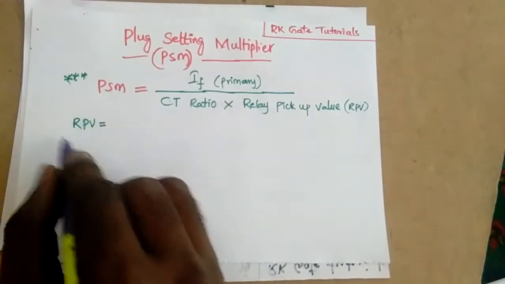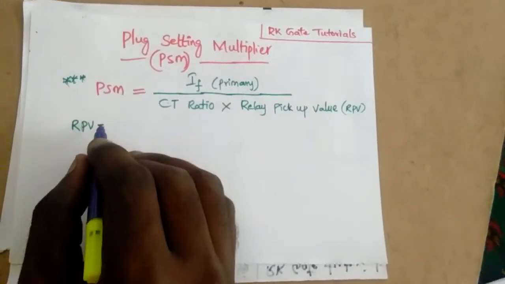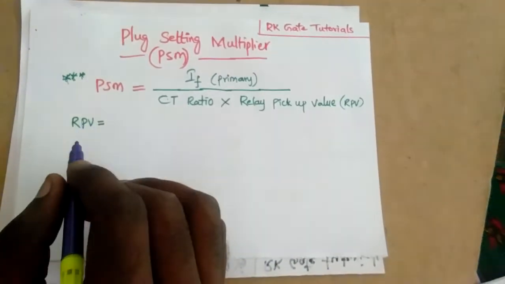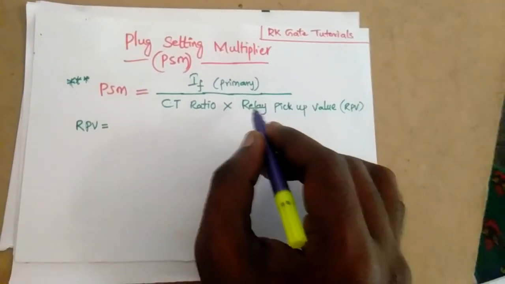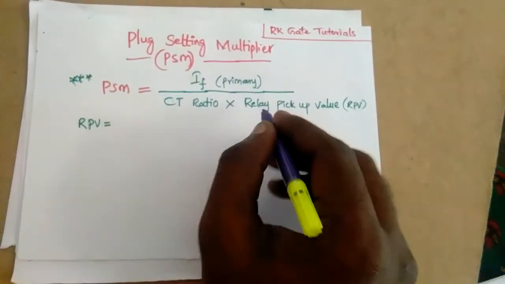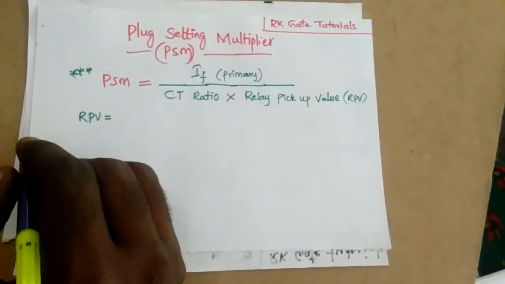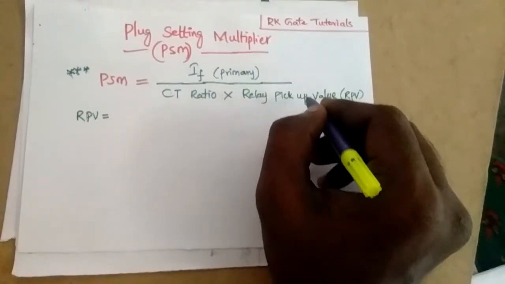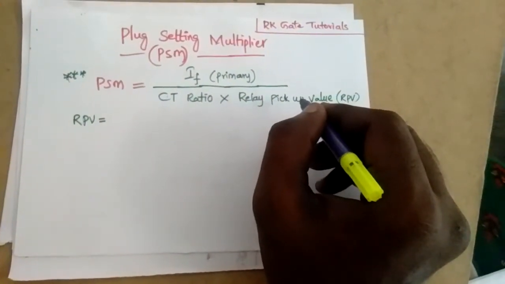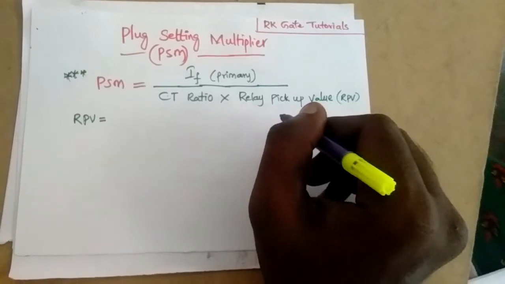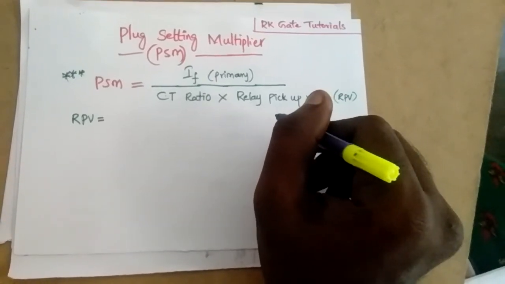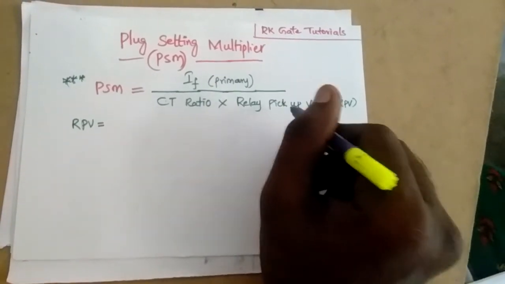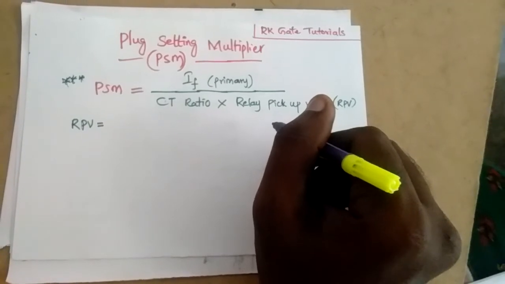This is completely with respect to the relay. So above which the relay will operate, that's all. RPV is also called the plug setting, and it is also called by other names like pickup current or the rated current of the relay.